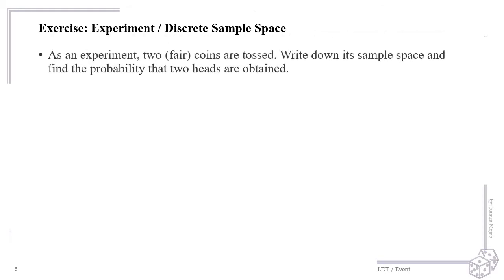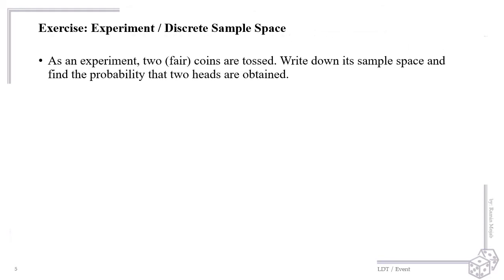I have an exercise for you. This is similar to the discrete case of the previous example. We have an experiment in which 2 fair coins are tossed. I want you to write down its sample space and calculate the probability that 2 heads are obtained.